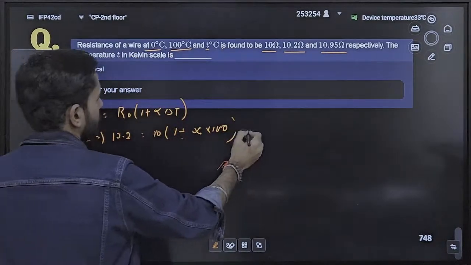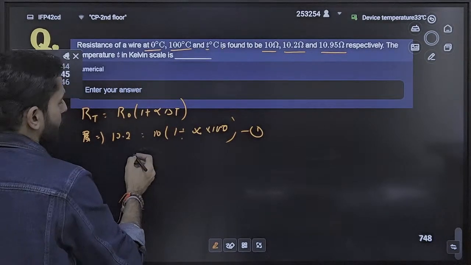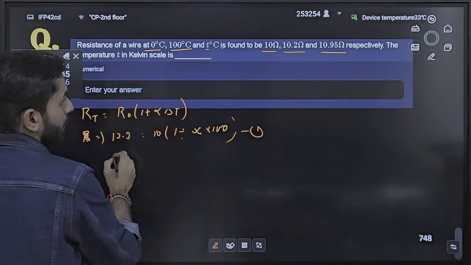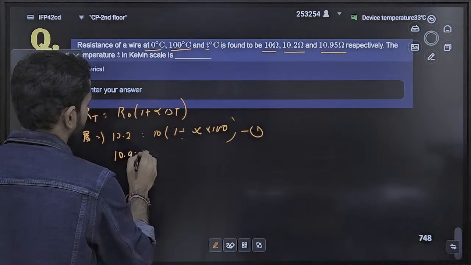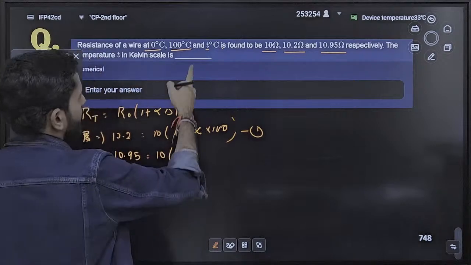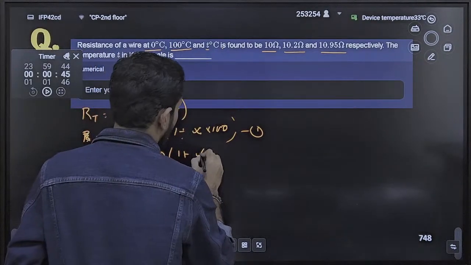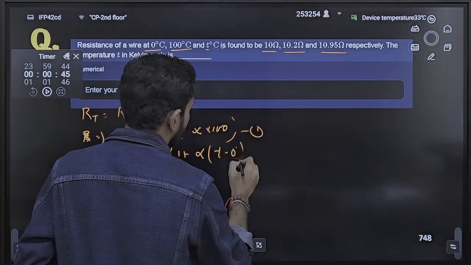This is the first equation. Now let's write the second equation. Second equation is 10.95 is equal to 10, 1 plus alpha, what is the temperature? T. So alpha delta T, that means T minus 0 degrees.